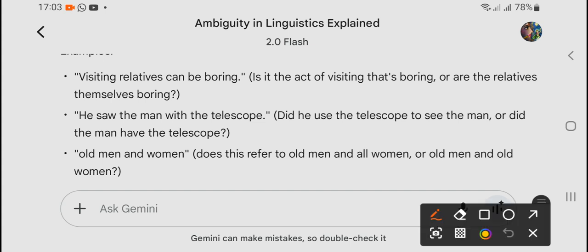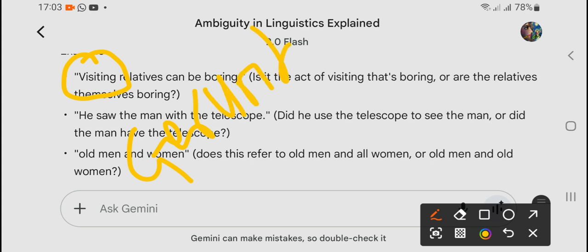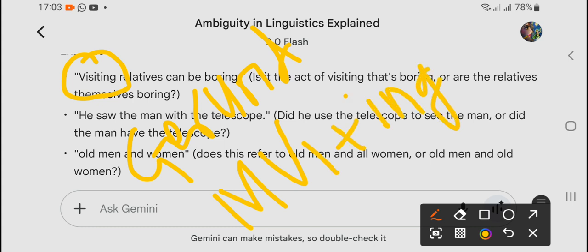Why visiting? Because this form is called the gerundial form. Gerund means the first form of the main verb with ing, and before ing there is no helping verb. In this sentence there is no is visiting or are visiting, no helping verb.